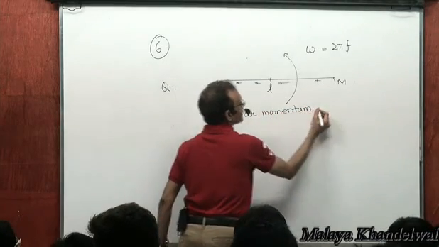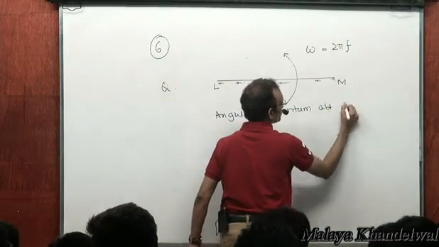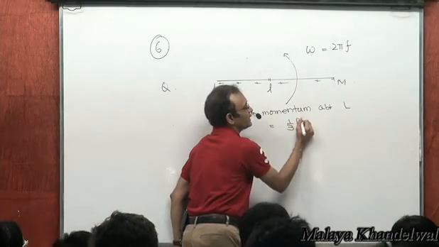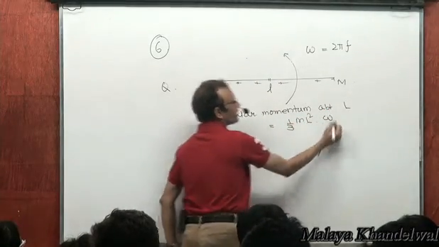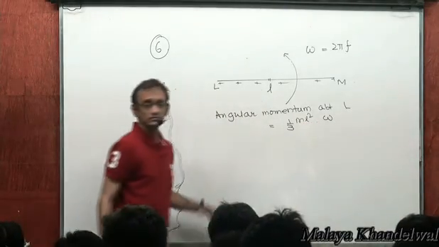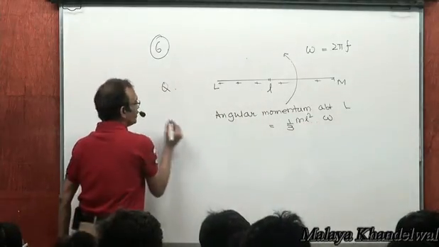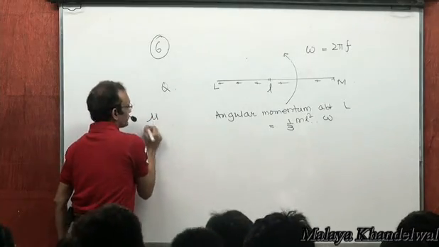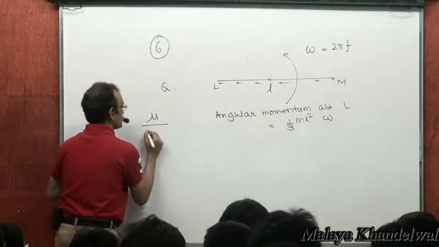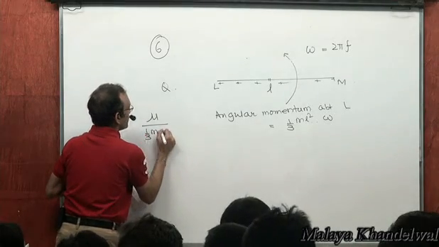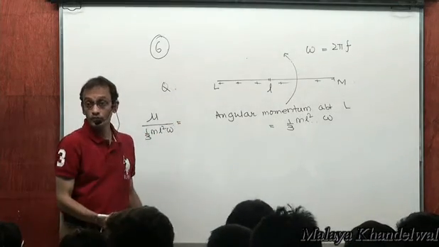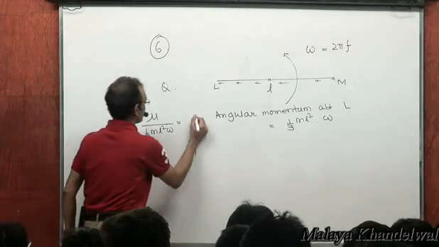Angular momentum about L, the fixed end, is I, which is 1/3 ml squared into omega. And we already know that mu, the magnetic moment, divided by the angular momentum, which is 1/3 ml squared into omega, must be the gyromagnetic ratio, q by 2m.